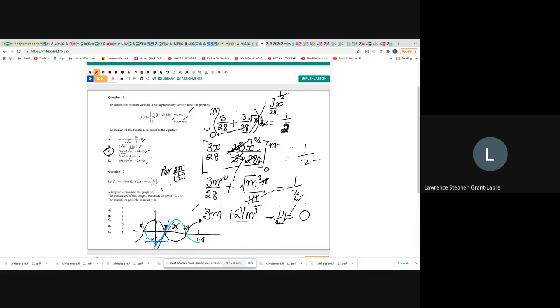The maximum value where that tangent can cross is at negative 1, because a tangent anywhere else would be lower than negative 1. So the maximum possible value of the y-intercept, where it crosses, is negative 1.